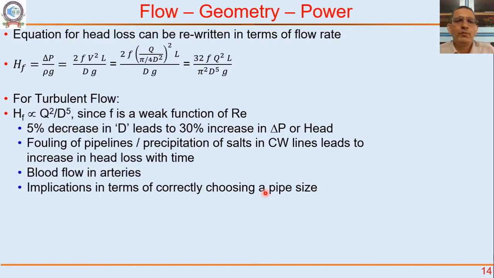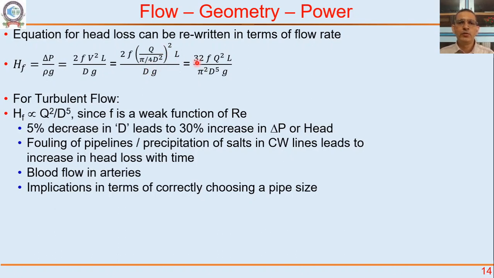Okay, here are some more thoughts from this equation. Our head loss due to friction is delta P by rho g, or if you think in terms of friction factor, 2f V squared L by d g. I can write this equation in terms of turbulent flow. So 2f, velocity is Q divided by pi by 4 d squared, whole squared, L by d g, and I can rearrange this.